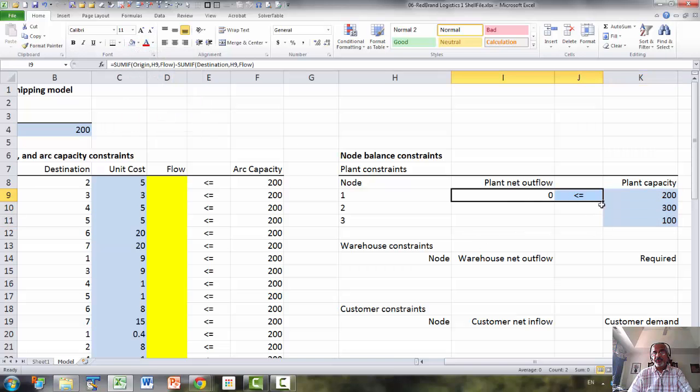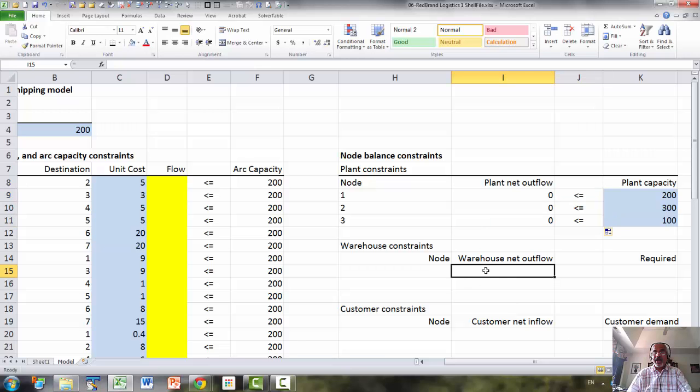Okay, so now we can copy that. Now for the warehouse, we can copy the same formula from here down here. The warehouse nodes are 4 and 5.